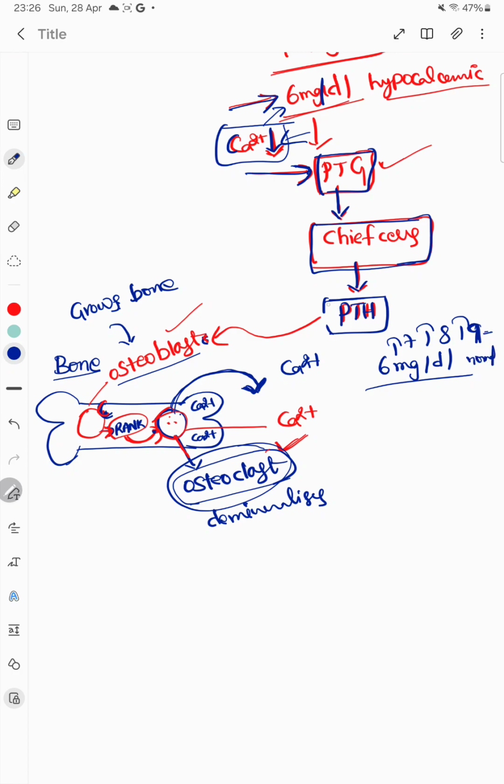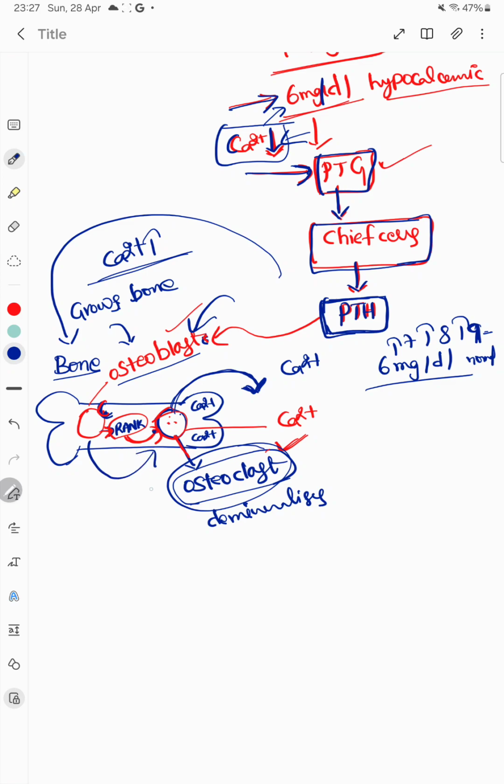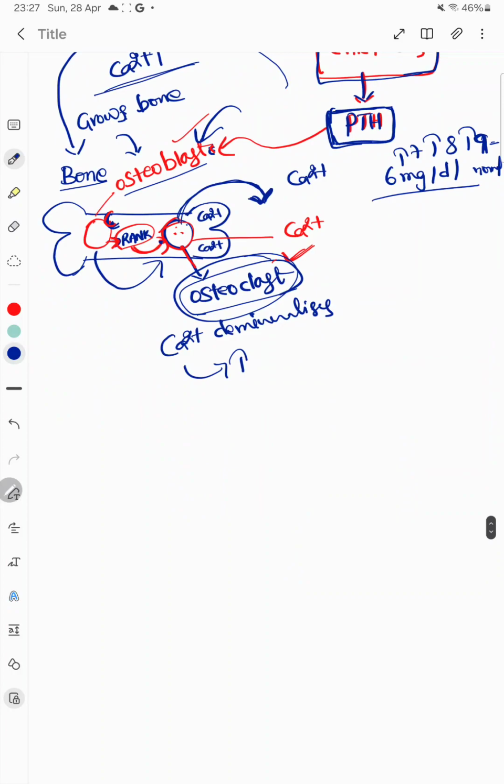So the action of parathyroid hormone on the bone increases the plasma calcium level up to the normal. So the bone role is over. Parathyroid hormone acts on osteoblast, thereby osteoclast, and osteoclast releases the calcium from the bone deposition and increases the plasma calcium level.